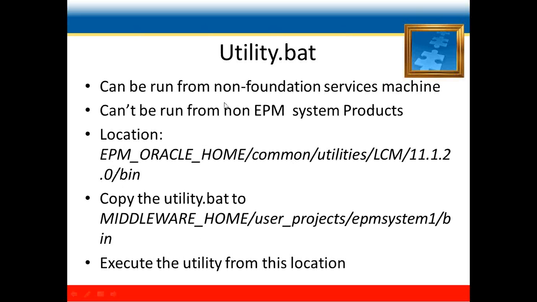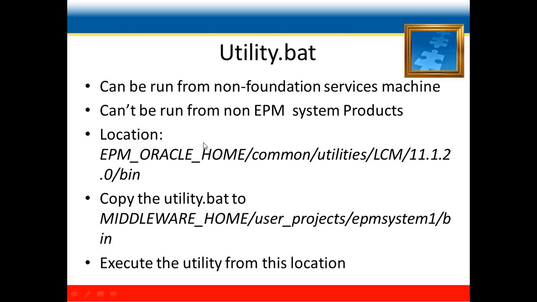Then you can also run this utility from non-foundation services machines, but you can't run this utility from any other machine where EPM system products have not been deployed. So you can only run this utility from machines where EPM system products have been deployed.